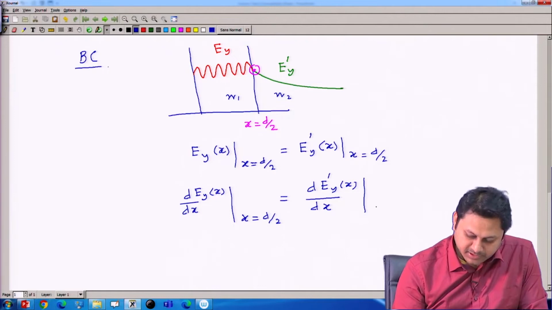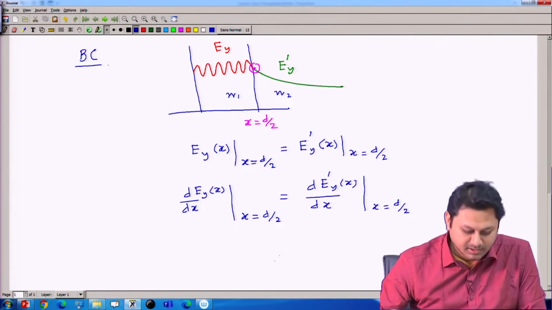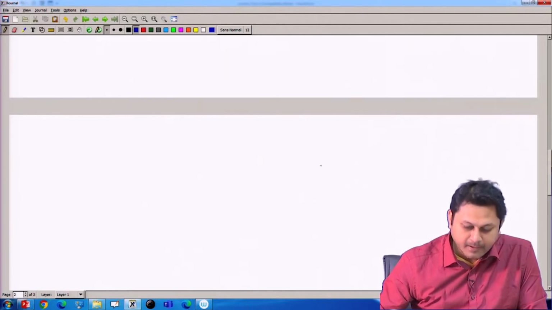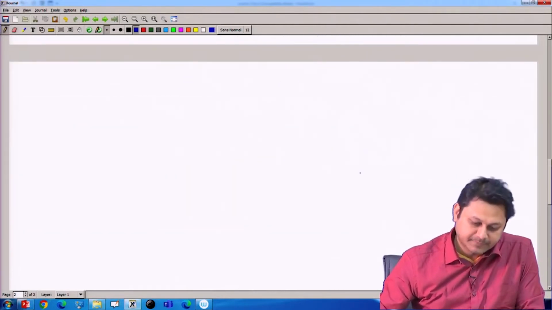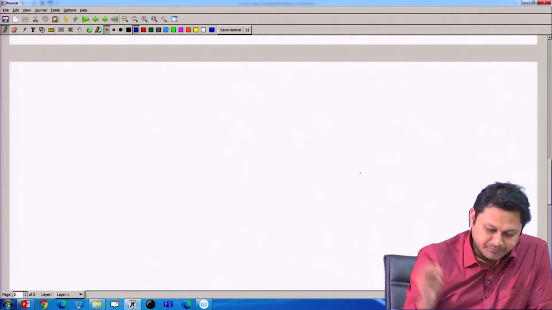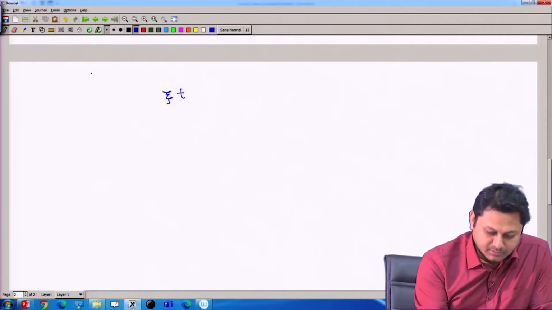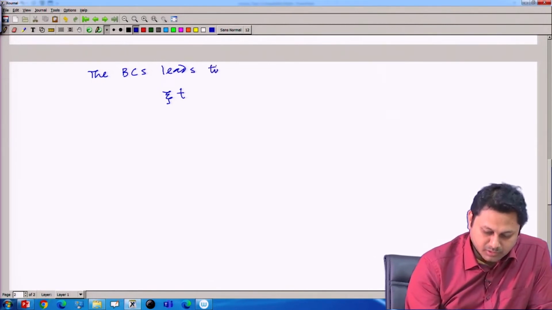The first condition tells us the function is continuous, the second tells us it is smoothly varying at the boundary. After putting these two boundary conditions, we find an equation something like this.